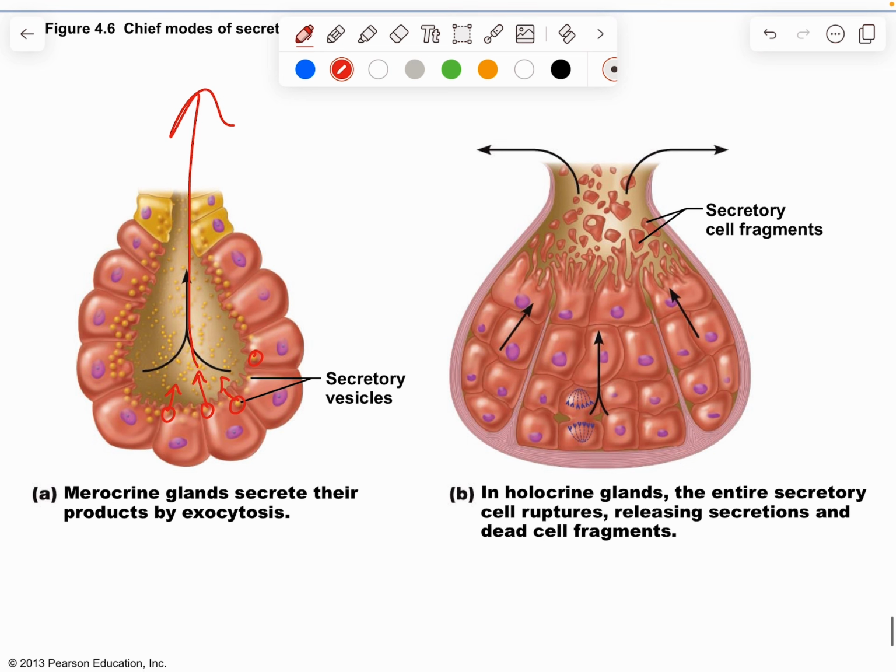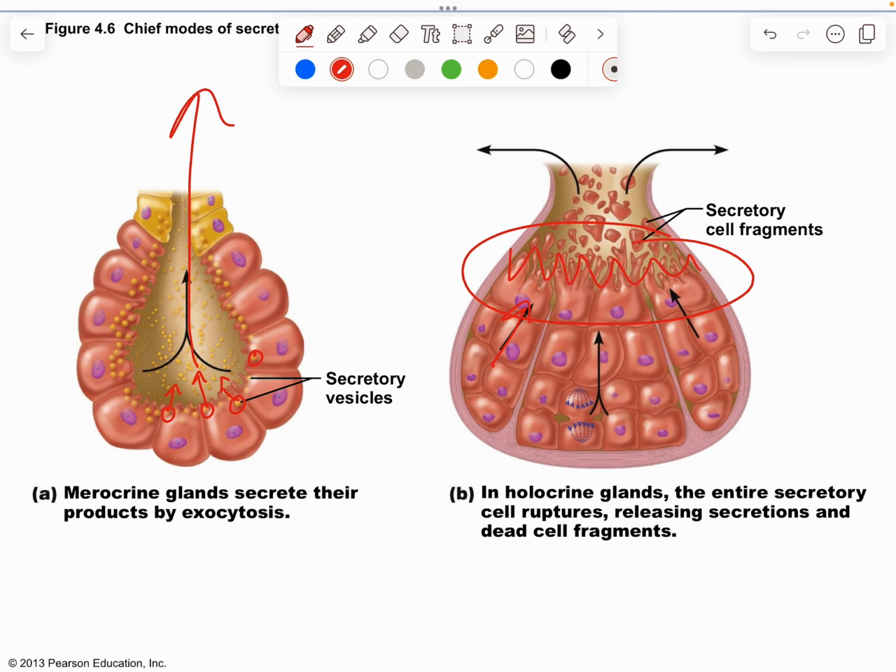In our holocrine glands, this is where we have rupturing occurs. So we have these products that are made down here, kind of in the bottom. And as the cells move up, you get to the top of this area and they burst. That's what all of this stuff is.